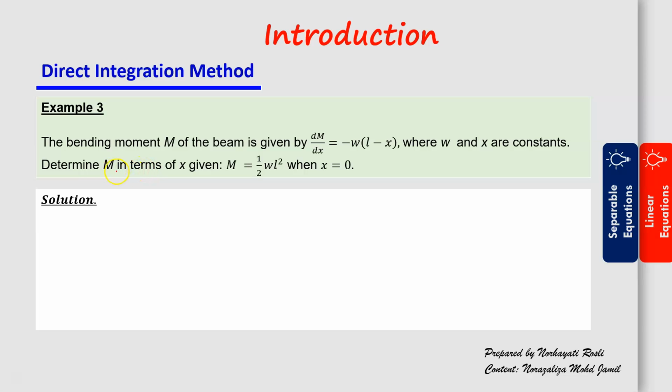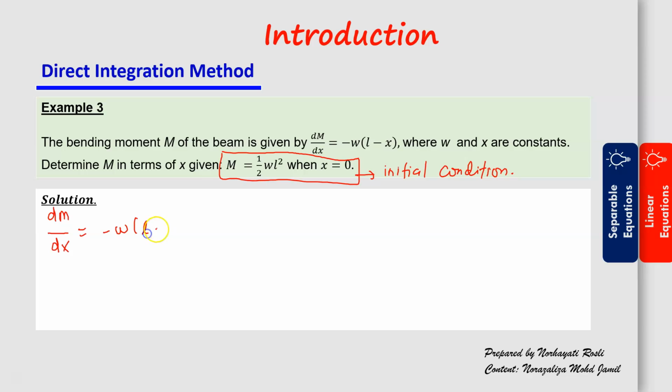The question asks us to determine M. Determine M means that you need to integrate this equation and determine M in terms of x, given M equal to 1 over 2 WL squared when x equal to 0. This one actually is the initial condition of M.